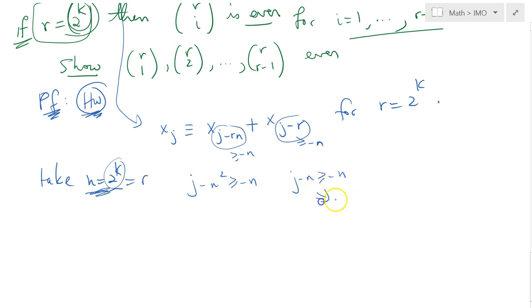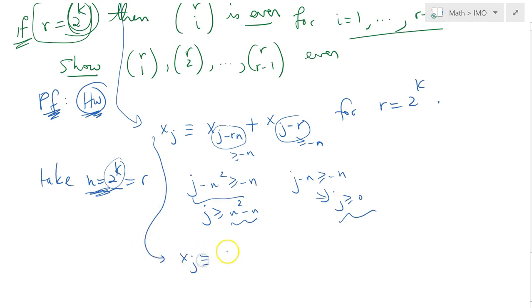From this one you will get j is greater than or equal to 0. From the other, j is greater than or equal to n squared minus n. So this one will probably be binding, and this one will not be binding. Anyhow, our expression becomes x sub j is congruent to x sub j minus n squared plus x sub j minus n, replacing r with n.